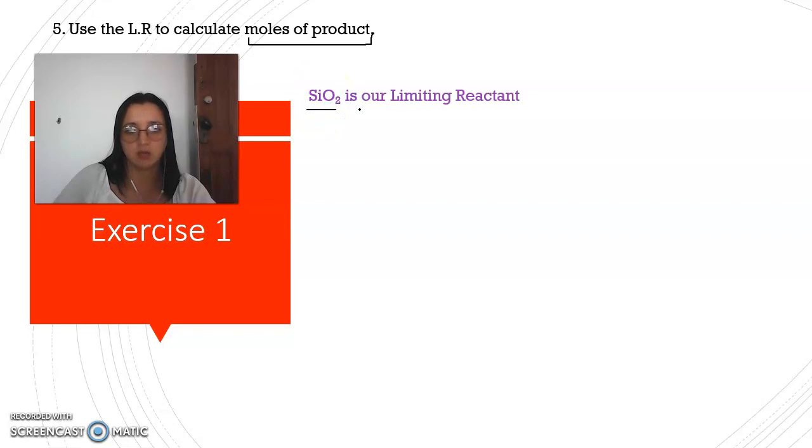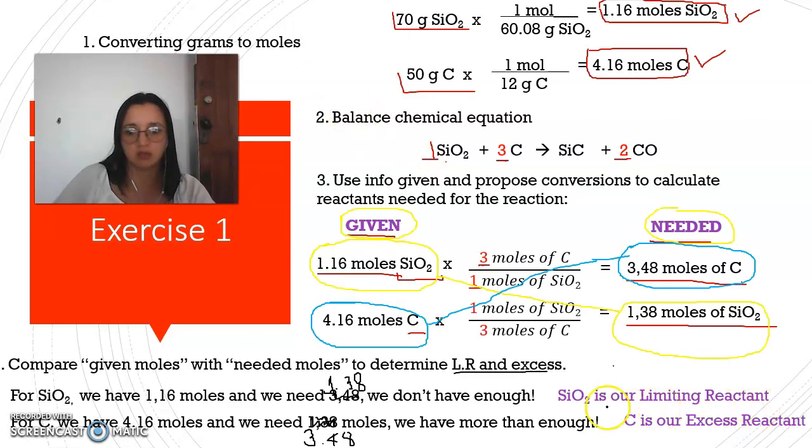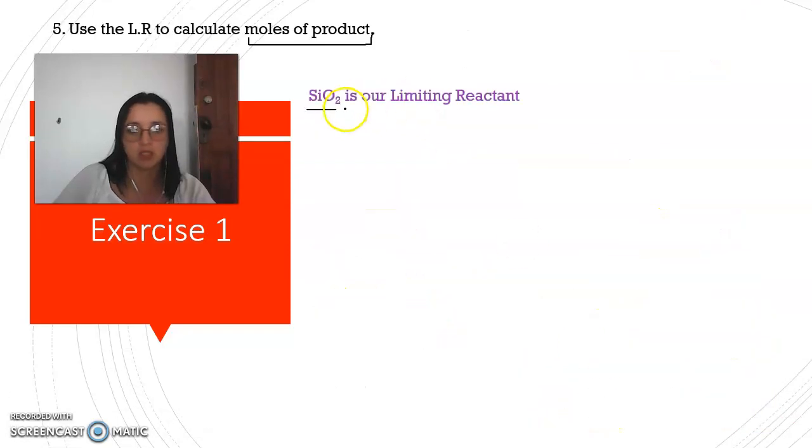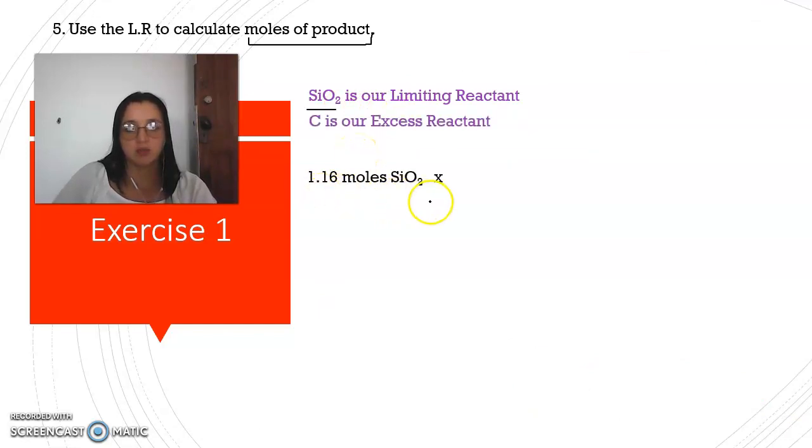Silicon dioxide was our limiting reactant according to the calculation we just did, because we don't have enough. So that is our limiting reactant, and we take that amount as our starting point again.